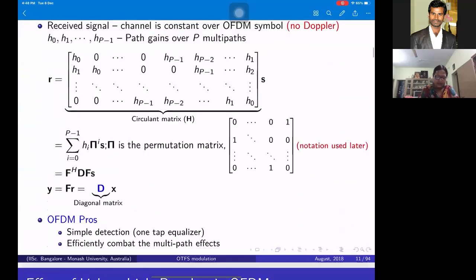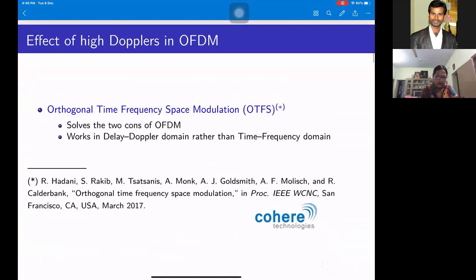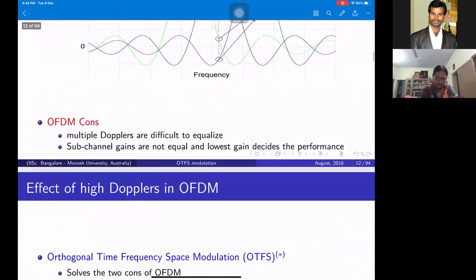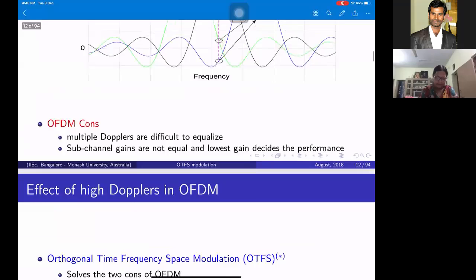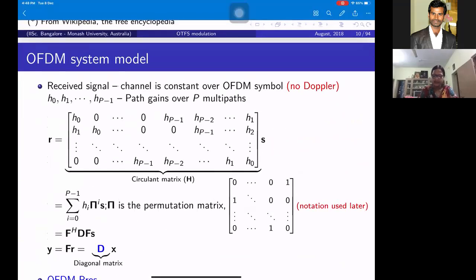Then the received signal constraints, how they look, and high Dopplers in OFDM. Can OFDM take care of your high Dopplers? That is important. So what is this high Doppler, delay-Doppler channel?